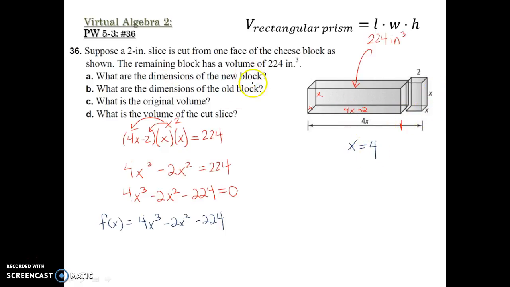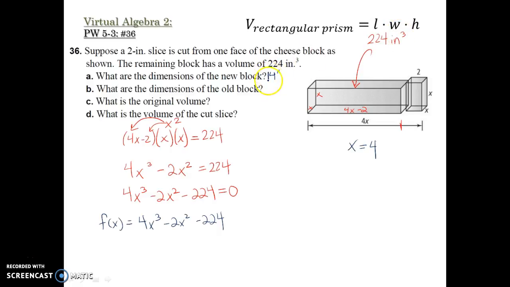So what are the dimensions of the new block? The new block is 4 inches by 4 inches by 4 times 4 minus 2. 16 minus 2 is 14. So let's write it in length, width, height.